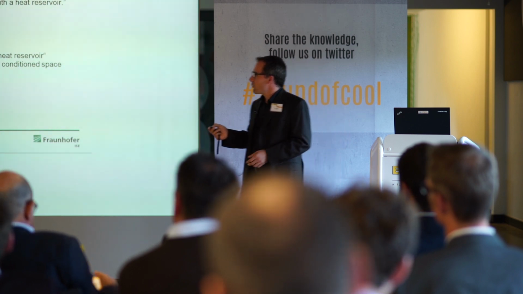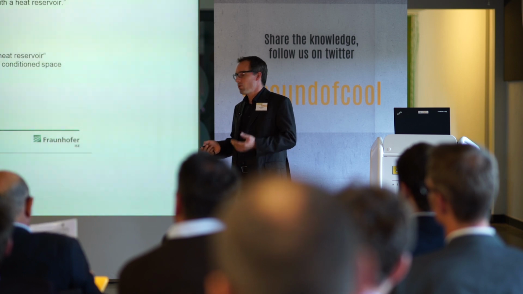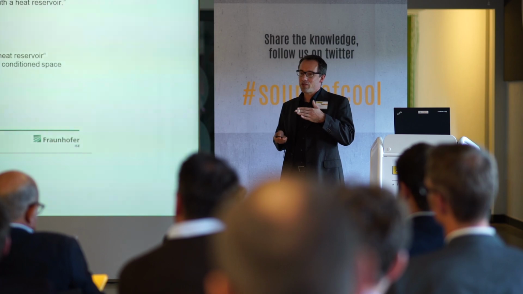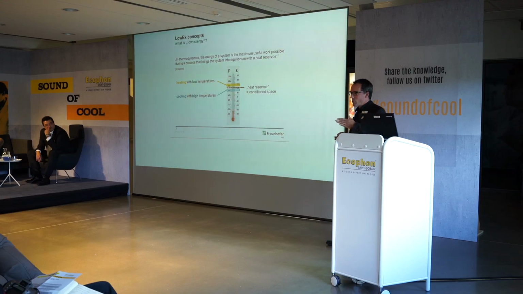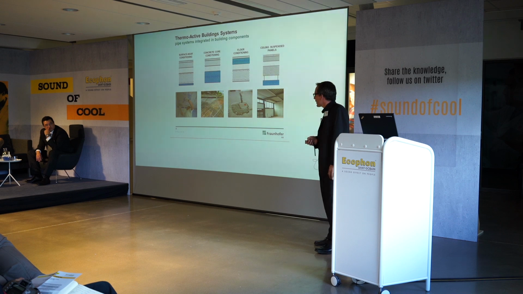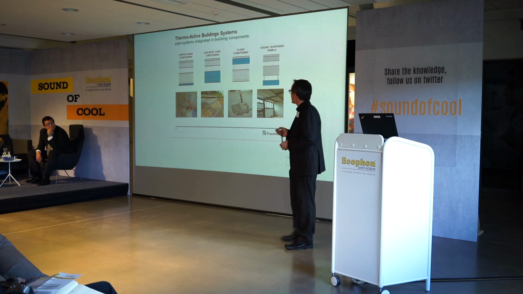So we have to heat with comparably low temperatures and cool with high temperatures. So using temperature levels that are nearly or very close to the room conditions, the temperature levels in the rooms we are trying to condition. So TABS systems, there are several systems known. This is basically an overview.